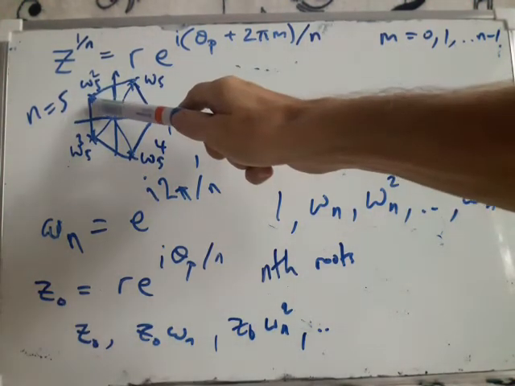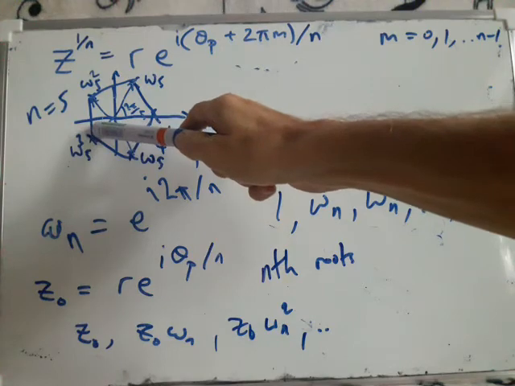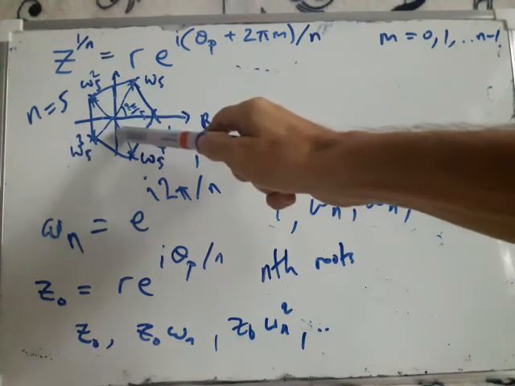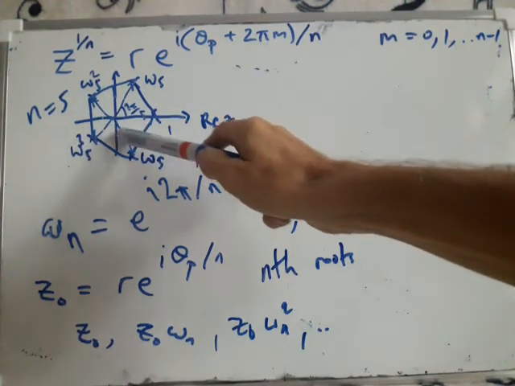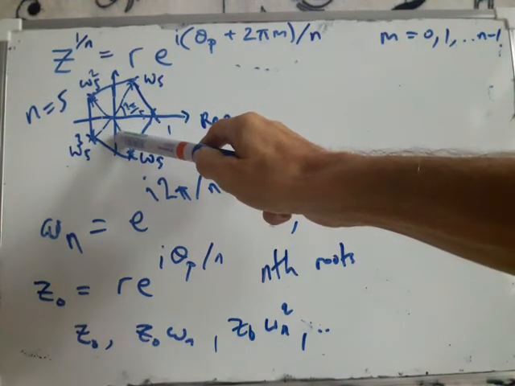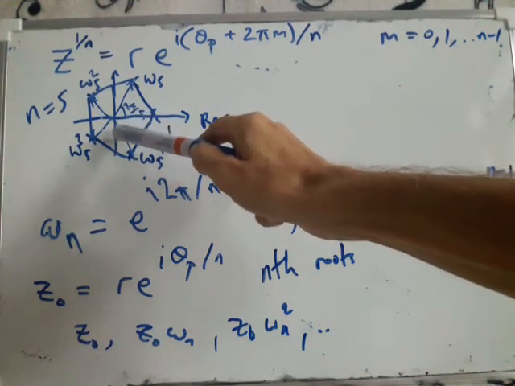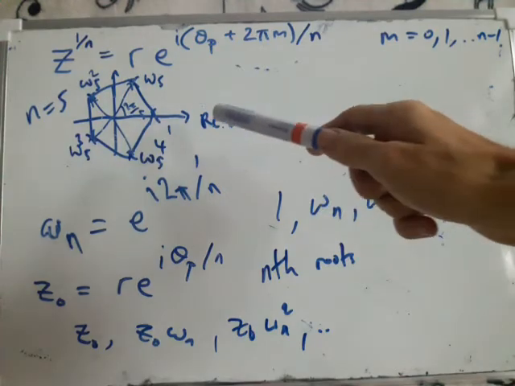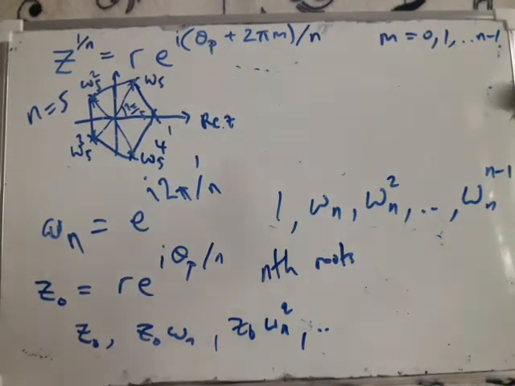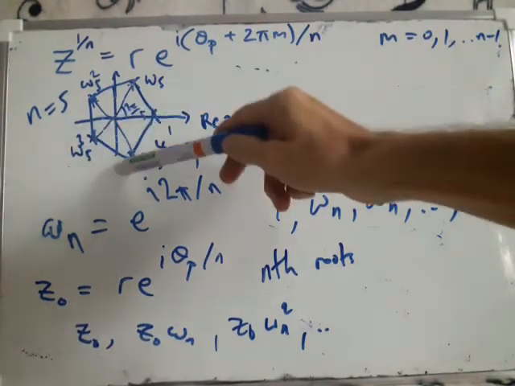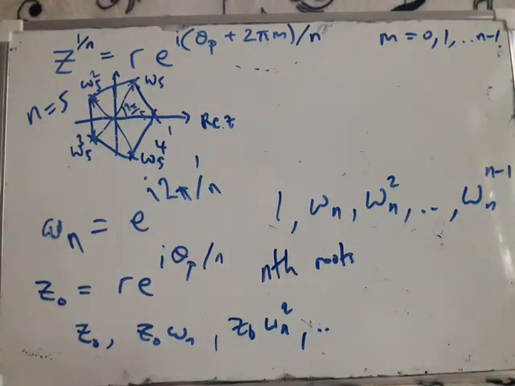This one cubed, omega 5 cubed, again rotate by 2 pi over 5. Omega 5 to the power 4, rotate by 2 pi over 5. Then if I rotate again by 2 pi over 5, I get back to where I started. So these are the 5 fifth roots of 1, or fifth roots of unity.